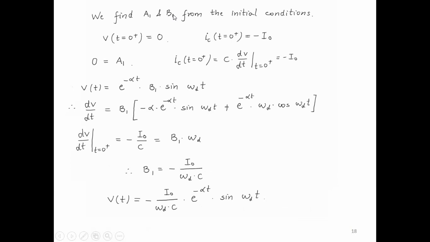We have two unknowns, we need two initial conditions, same thing. So we say V at t equal to 0 plus is 0, the capacitor current at t equal to 0 plus is minus I0, and that current can be written as C dV/dt.